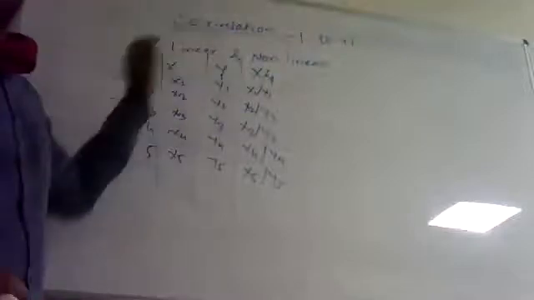Suppose this ratio is constant, then we say that there is a linear relationship between x and y. If the ratio of variable x and variable y is constant, then it is said that there is a linear relationship between x and y. And suppose this ratio is not constant, then it is called a non-linear relationship.